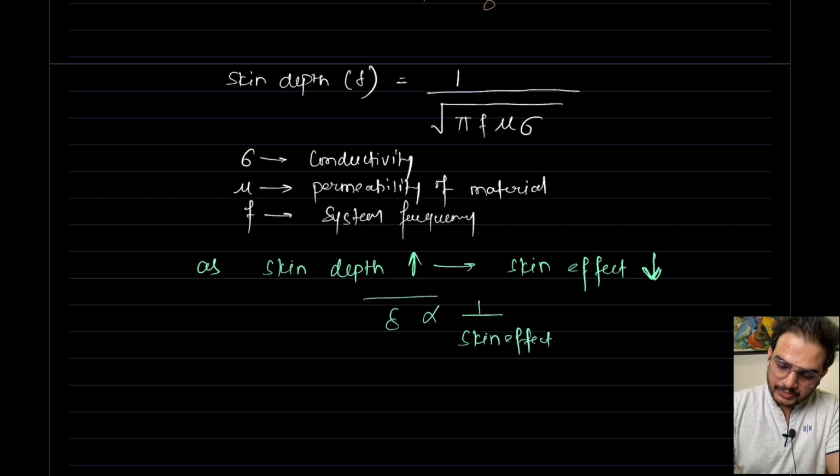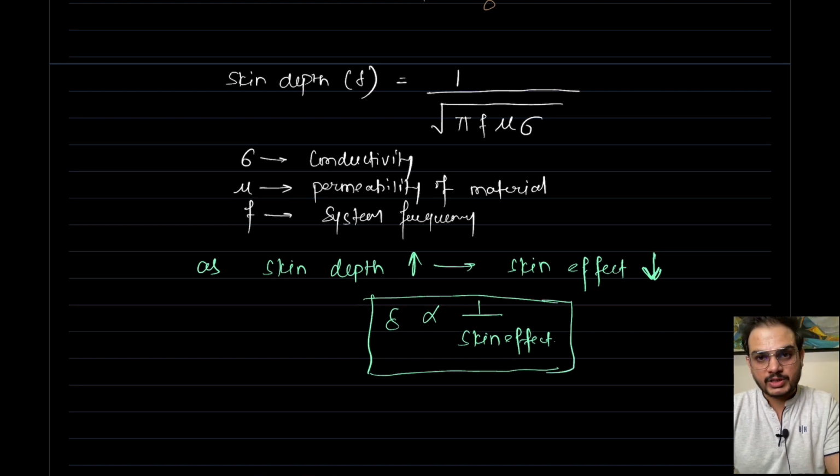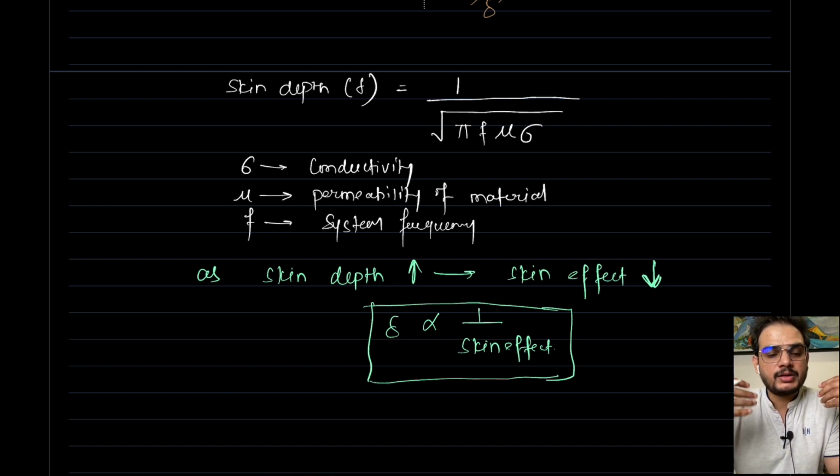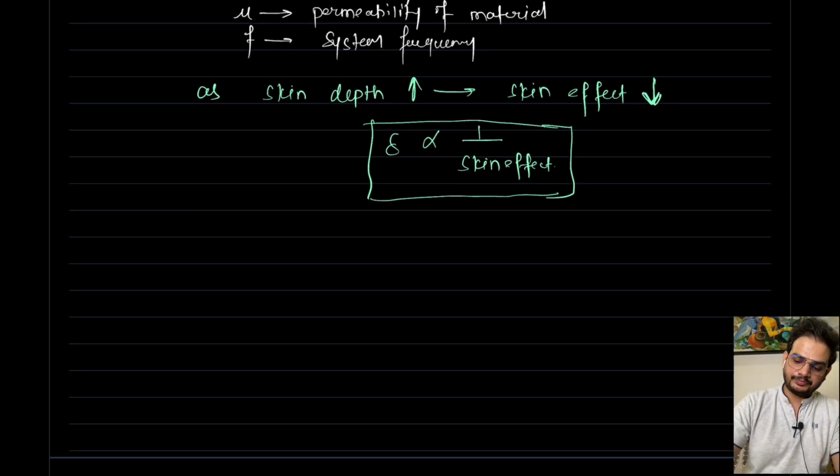So this skin depth should be as high as possible, right? Okay, this is about skin depth. Now we will see what are the factors which are causing that skin effect.